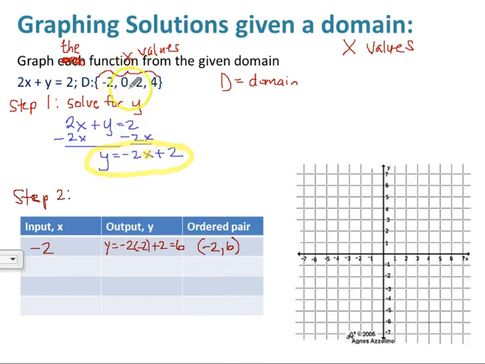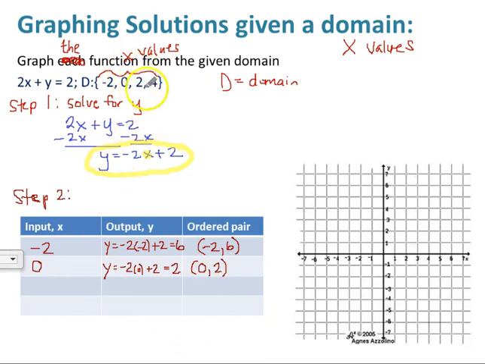Our next domain input is 0. So when we plug in 0 for x, we'll have -2 times 0 plus 2. -2 times 0, that's 0, plus 2 is 2. So when our input is 0, our output is going to be 2. We'll graph these in a moment.